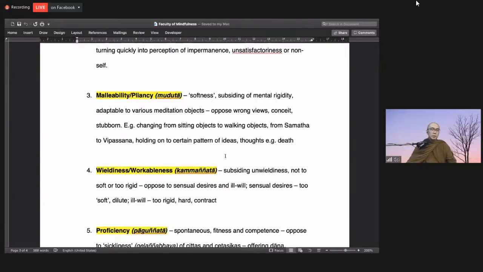And so too with those people from a samatha background who want to go to a vipassana background, they have to make a strong effort in order to push the mind from calmness, quietness into noticing things in the sense of more dynamic, more changing, not so calm. So here the malleability or the pliancy is important.